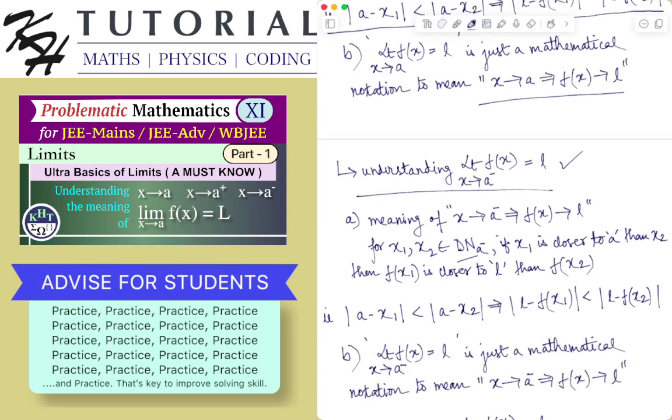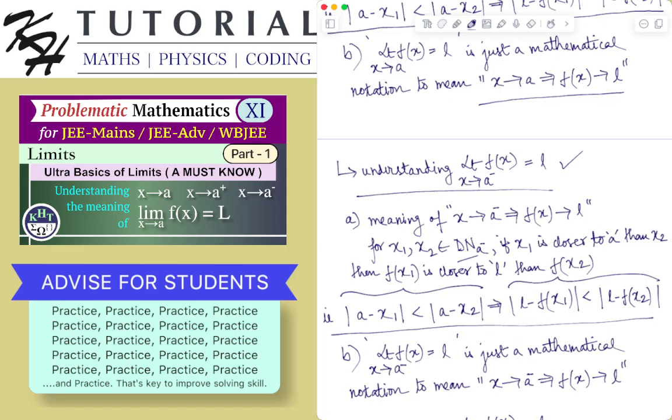So the mathematical interpretation is the same: if the absolute difference of x1 from a is less than the absolute difference of x2 from a, this means nothing but that x1 is closer to a than x2. So if x1 is closer to a than x2, then the value of f(x1) will be closer to l than the value of f(x2).